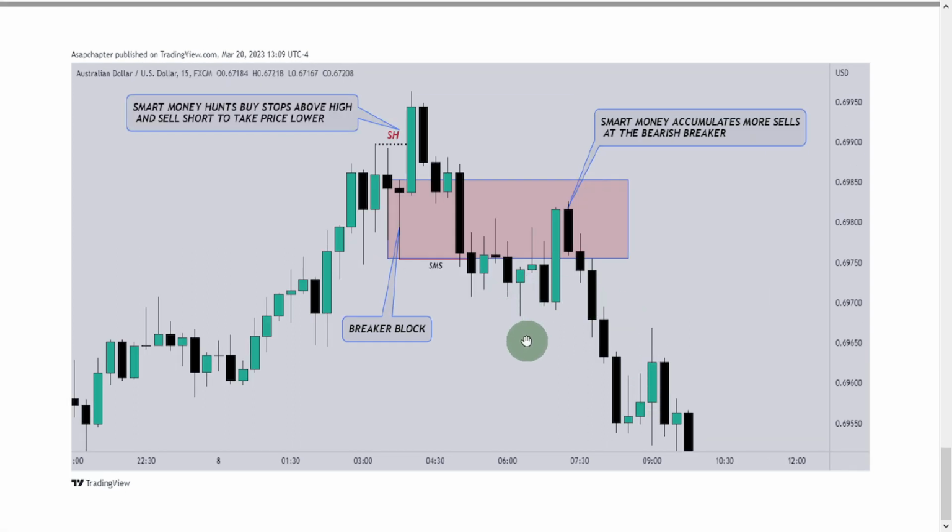Let's look at this example as well. Previous high, smart money hunts liquidity above that previous high. And after that, they sell short to take price lower. So there is a break in market structure or shift in market structure below this low. After the stop hunt and the break in market structure, we look for the last bearish candle prior to the run on stops.